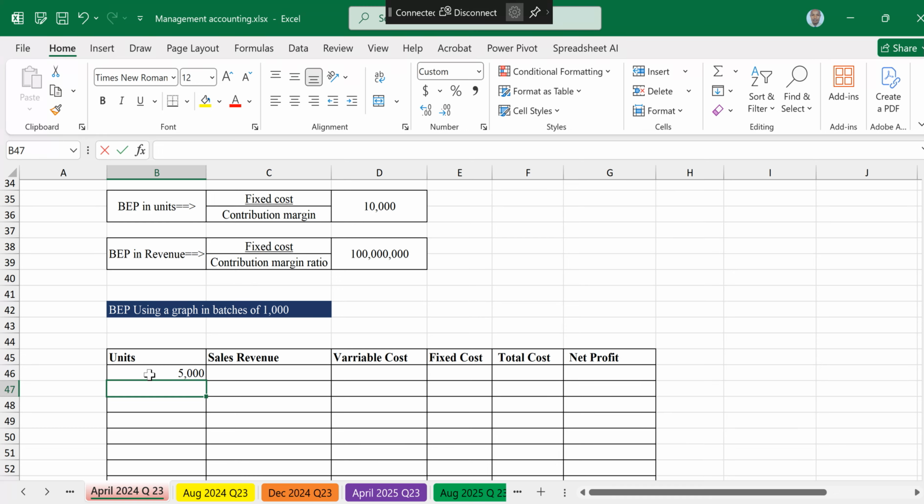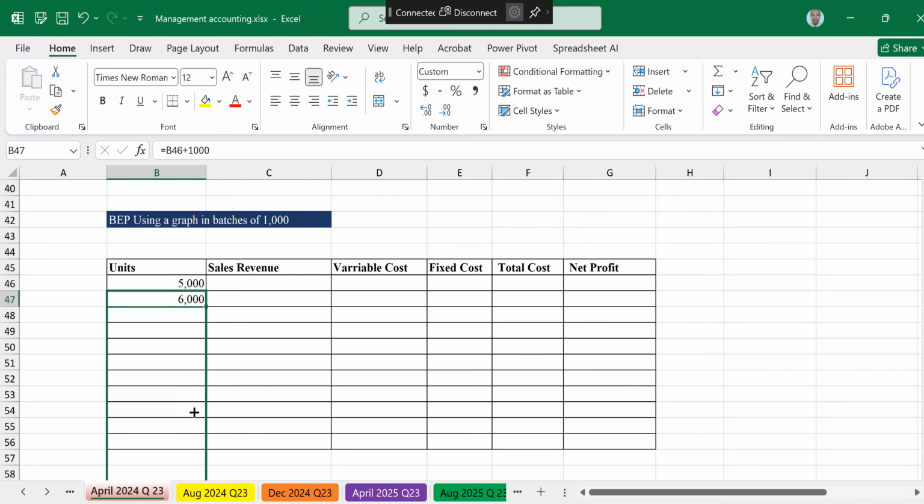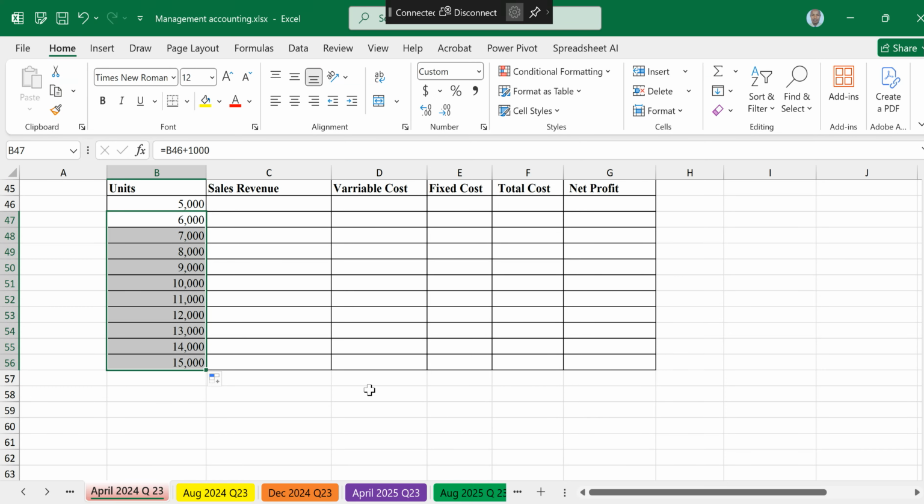The next unit will be equal sign the 5,000 up there, plus. Now the batches of 1,000 are coming in. Then you just say 1,000. Enter. Then drag from 6,000 moving down, all the way to 15,000.